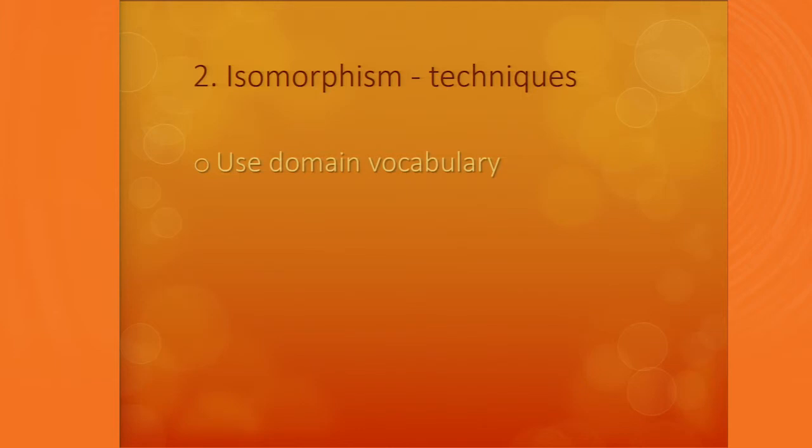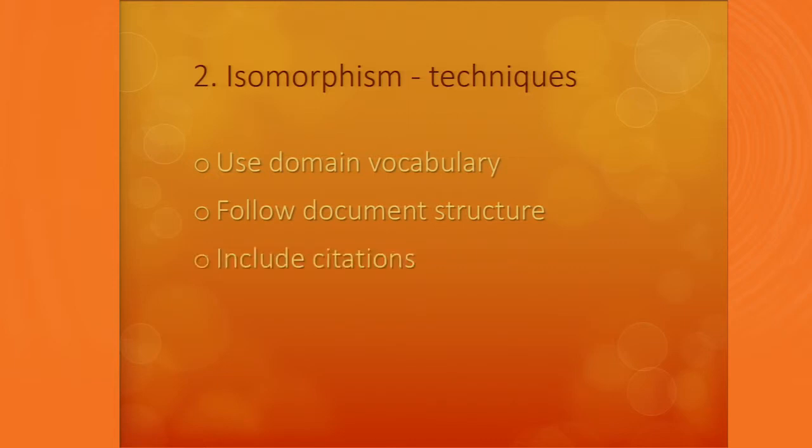The words that are used in the regulation, you want to try to have your code reflect that. You want to use the same document structure. So legal rules are organized in statutes and regulations hierarchically. So to the degree that your code can reflect that structure, it's going to be easier to maintain. To the degree that you can include citations to the original source material, the better off you are.